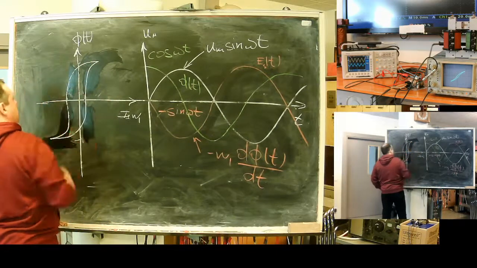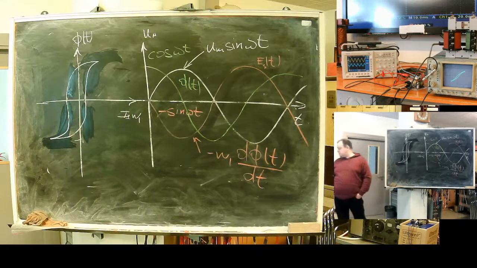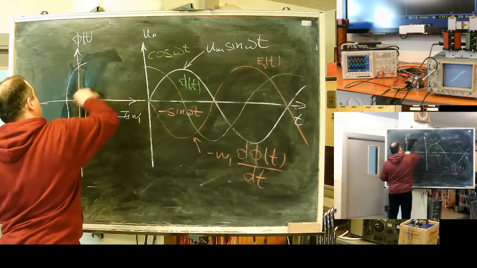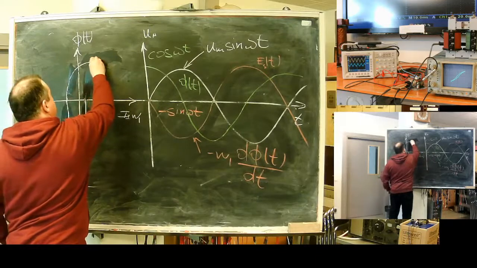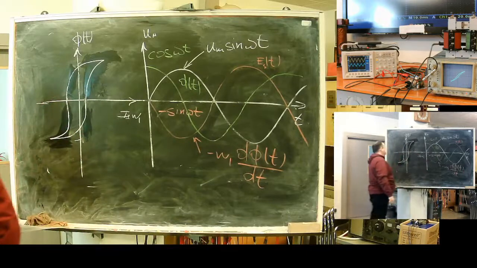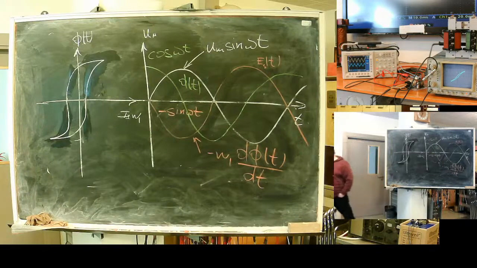Should be symmetric. Oh, something like this. Okay, let it be something like this. Here I have a magnetizing curve, this one. Bit in different scale, okay, it's not a problem.